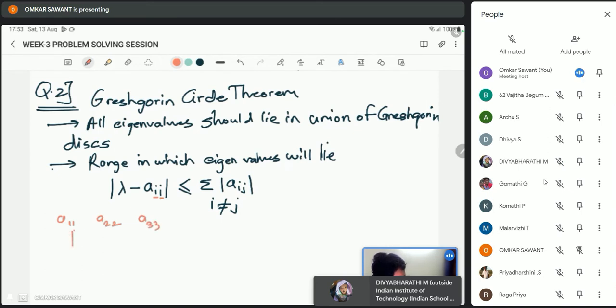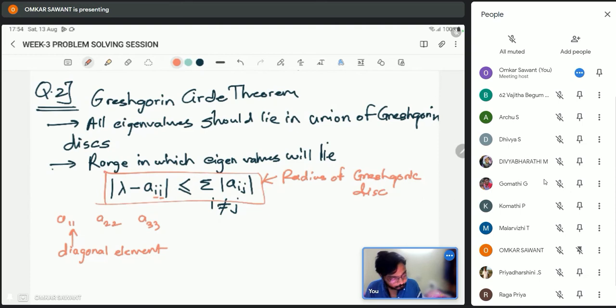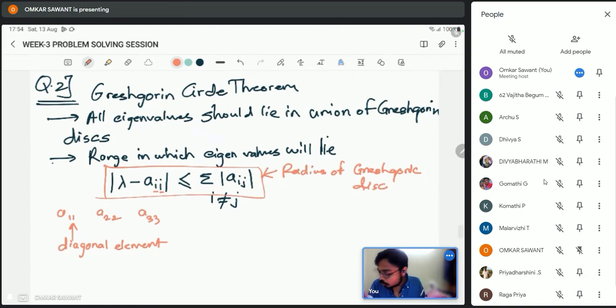These are diagonal elements, right? So the sum of the off-diagonal elements will serve as the radius of the Gershgorin disk, and we have to check this for every row. I will explain this through one problem.